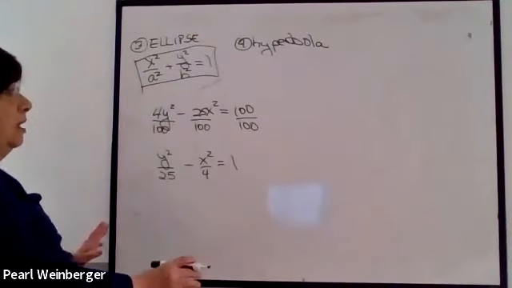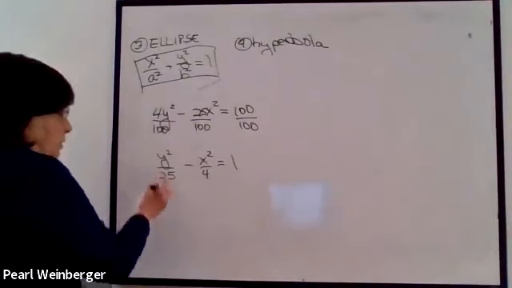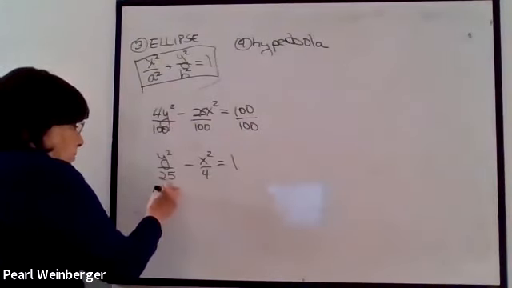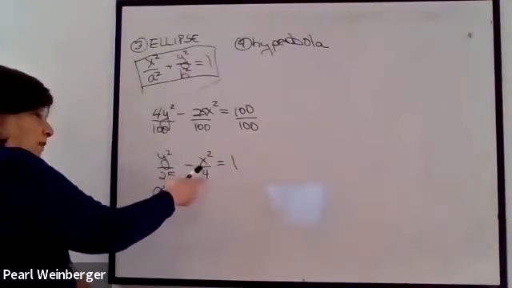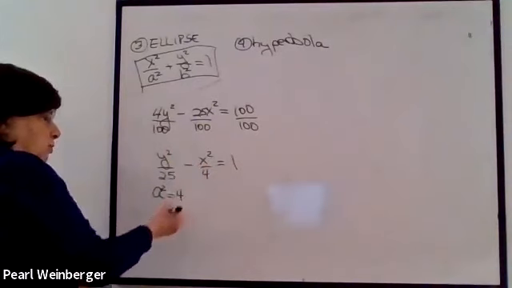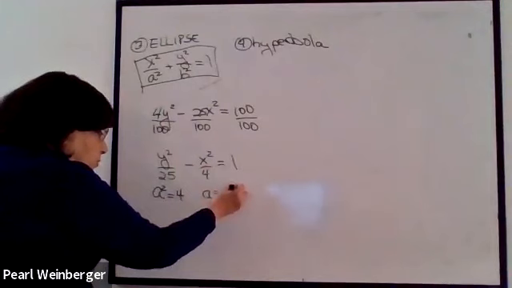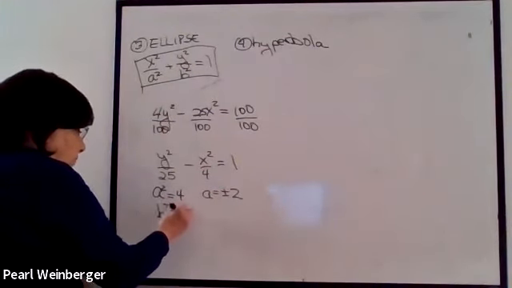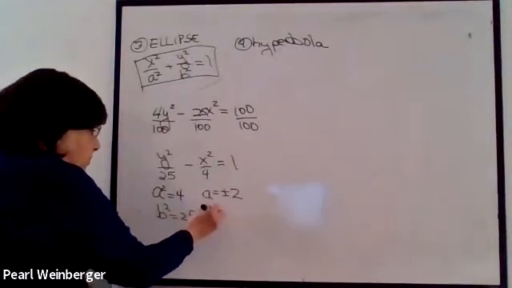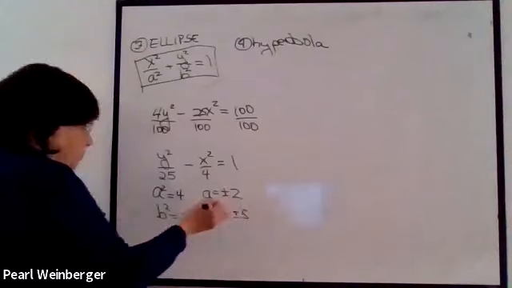And we can say what the a's and the b's are. In this case, my a squared is 4. Remember, it's not the 25. The a squared is what's underneath the x squared, which means the a would be plus or minus 2. The b squared is 25, which gives me that my b is plus or minus 5.